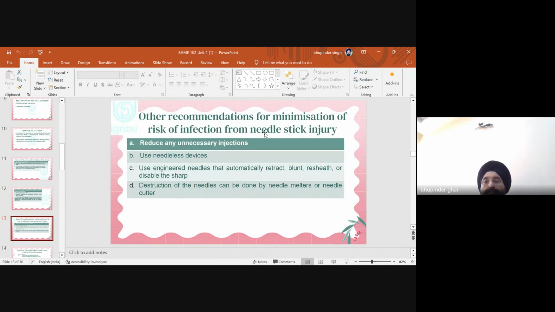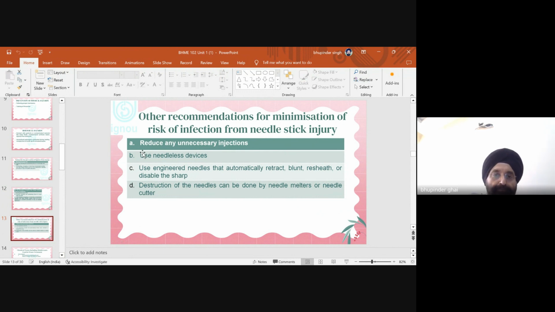Other recommendations for minimization of risk of infection from needle stick injury. What are the other recommendations by which you can reduce the risk of needle stick injury? First is reduce unnecessary injection.